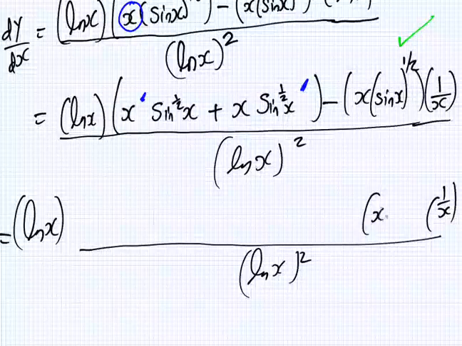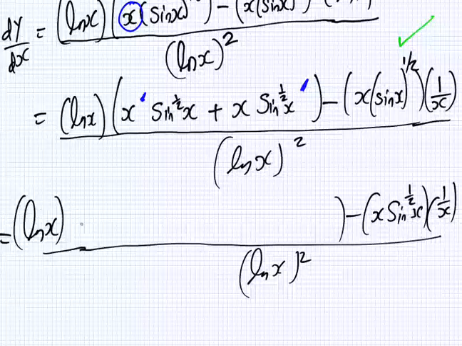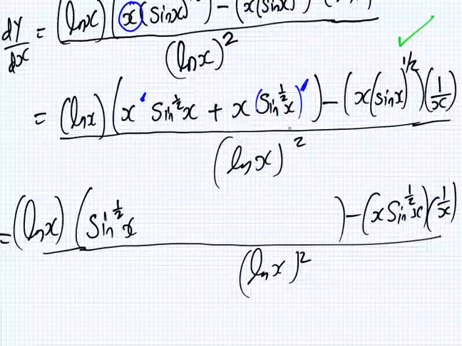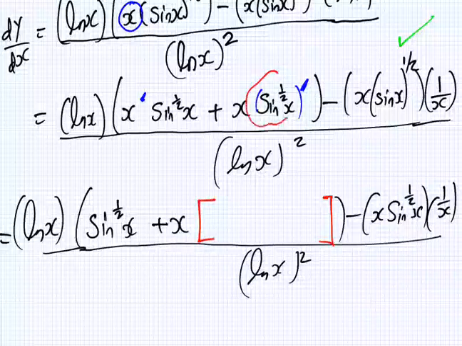And if you like, you can take the e to the sin x out, leaving you with cos squared x minus sin x. Okay?